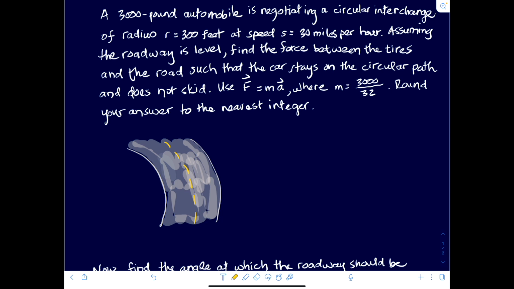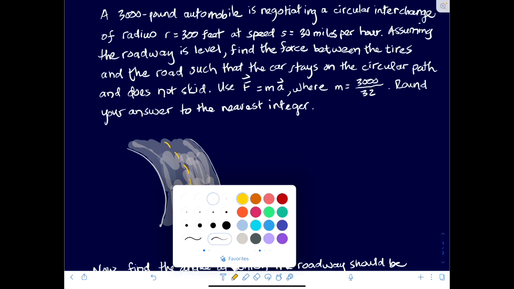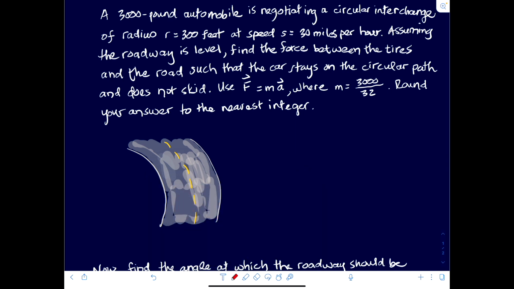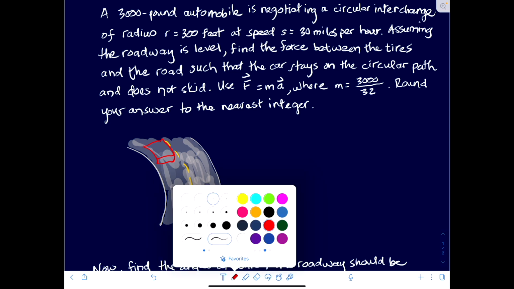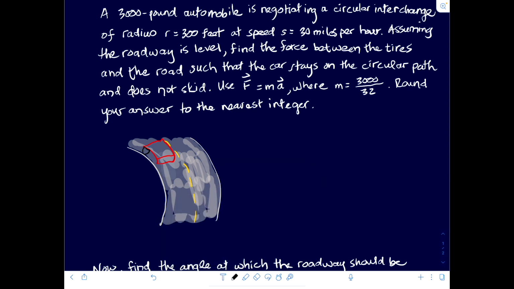So let's say the car is coming towards us, and we can treat it like a particle, right? Let's make the car red, have it be sporty. So you've got some kind of car here, and it's got its little wheels.